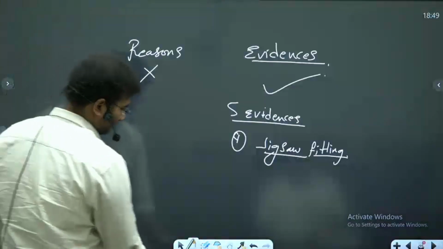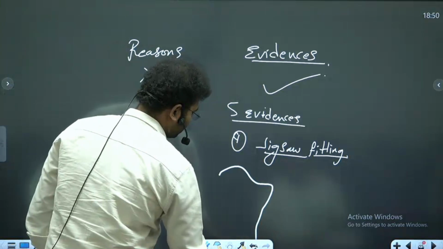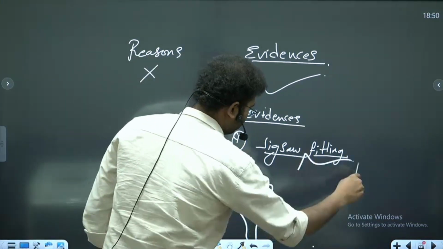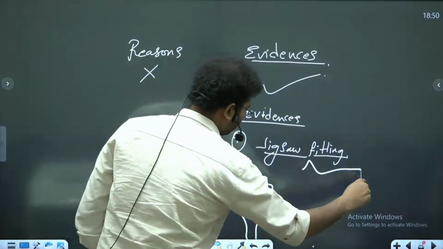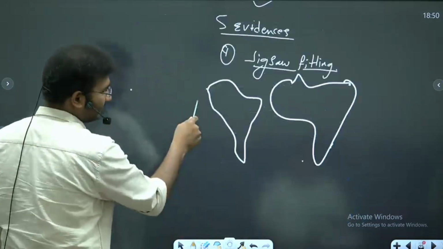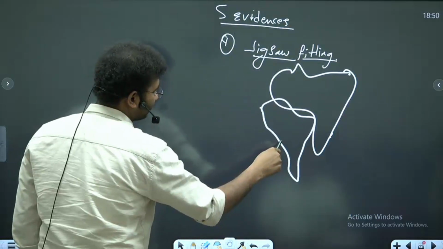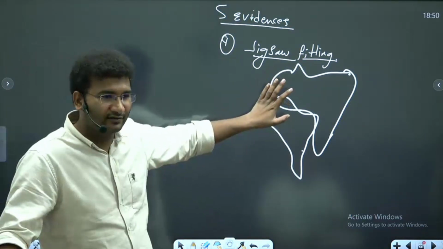So, broadly, he says that if Wegener takes this and fixes it here, both were one continent.